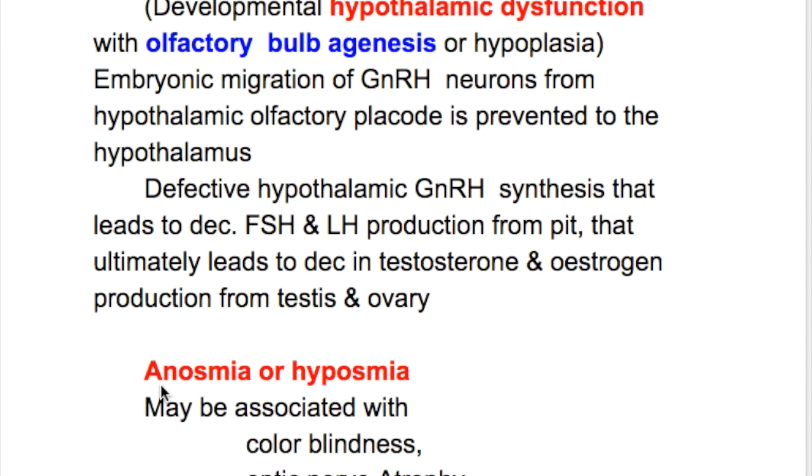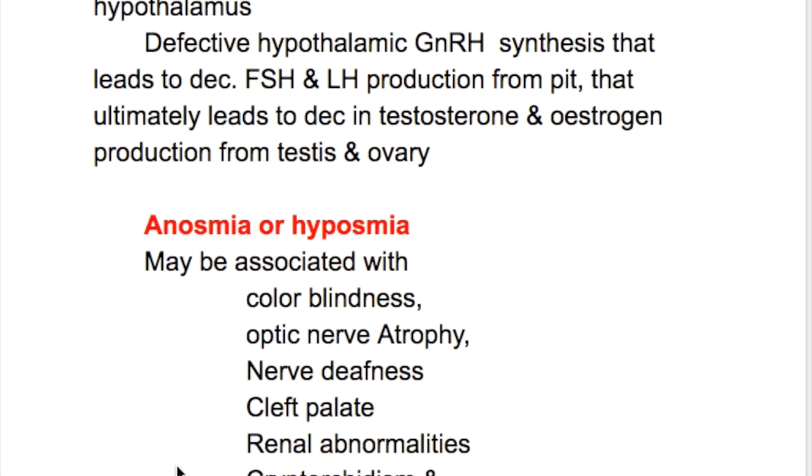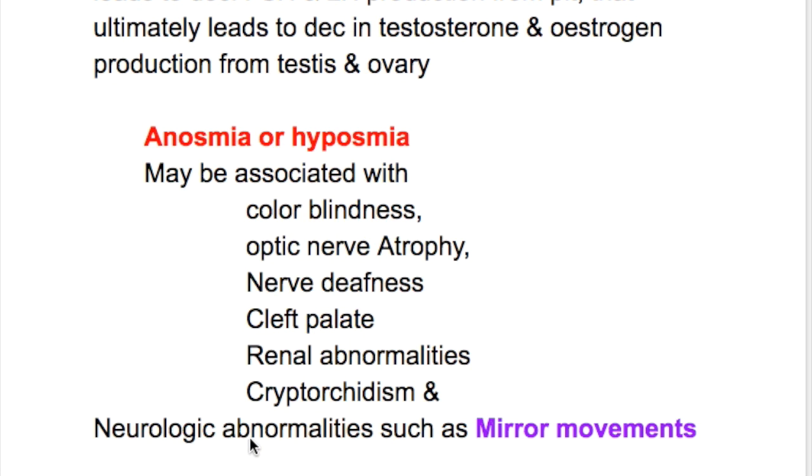There is associated anosmia or hyposmia along with decreased or absent production of gonadotropin releasing hormone. There may be associated features of color blindness, optic nerve atrophy, nerve deafness, cleft palate, renal abnormalities, cryptorchidism, and neurologic abnormalities such as mirror movements.